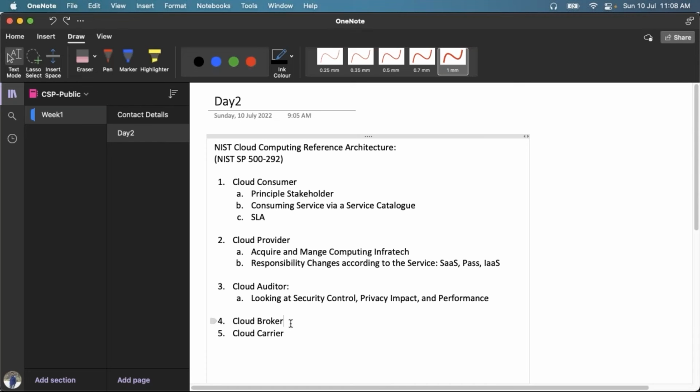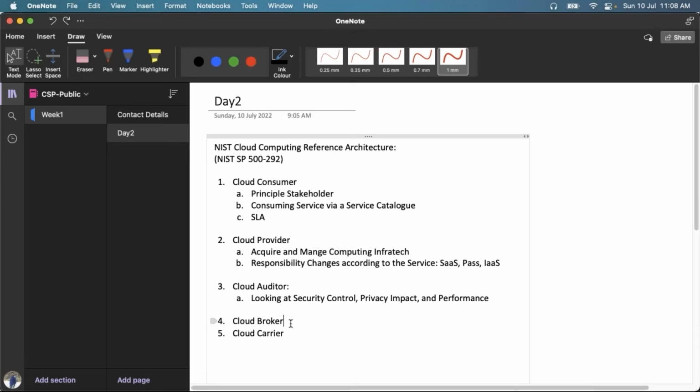If you look into Special Publication 500-292, it came very late, after NIST standard publication 143. Why was it updated later? Because the complexity of your cloud environment is increasing with time.